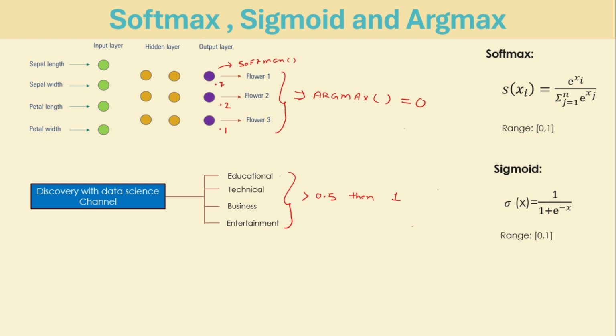So suppose this one has 0.7 and this one has 0.6, then we are going to select both, and anything less than that we are not going to select. So that's a very small discussion about the softmax function and sigmoid function, involving Argmax as the final conclusion.